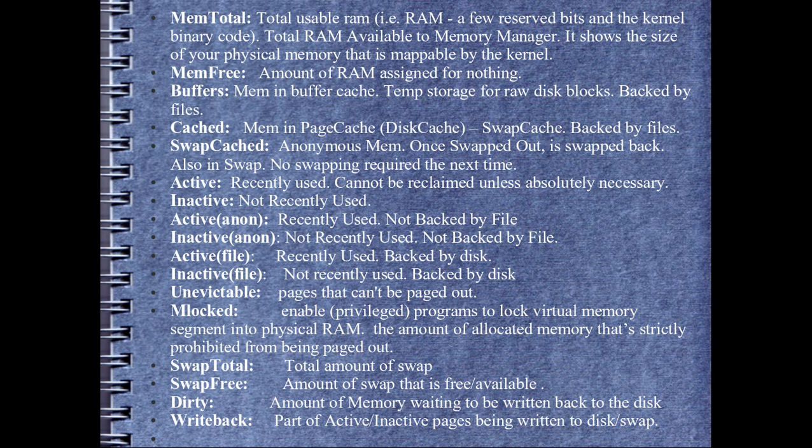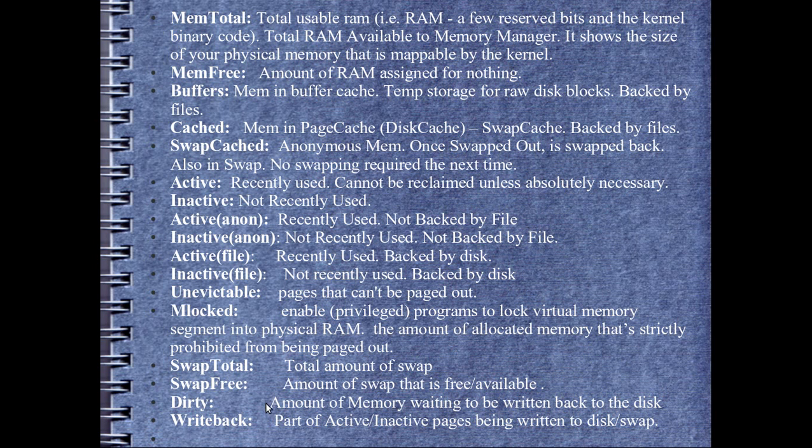So Unevictable is one part which cannot be paged out. Other is Mlocked, which cannot be paged out because it's locked. Okay, SwapTotal, total amount of swap available. SwapFree, total amount of swap which is free, which is not used for anything.